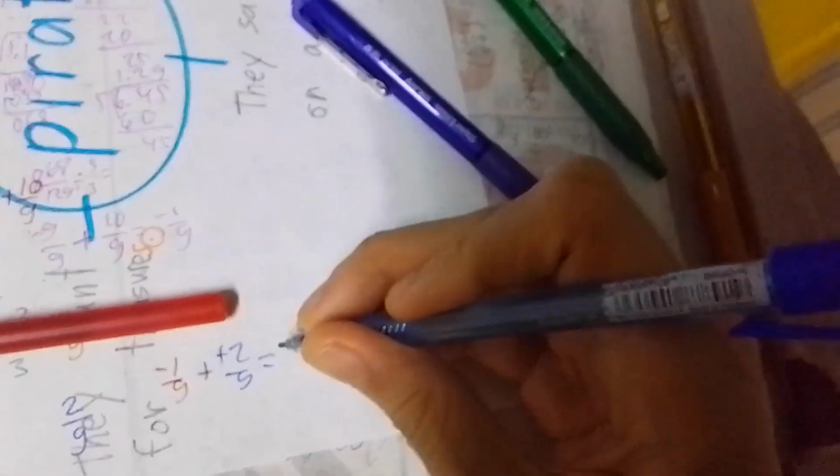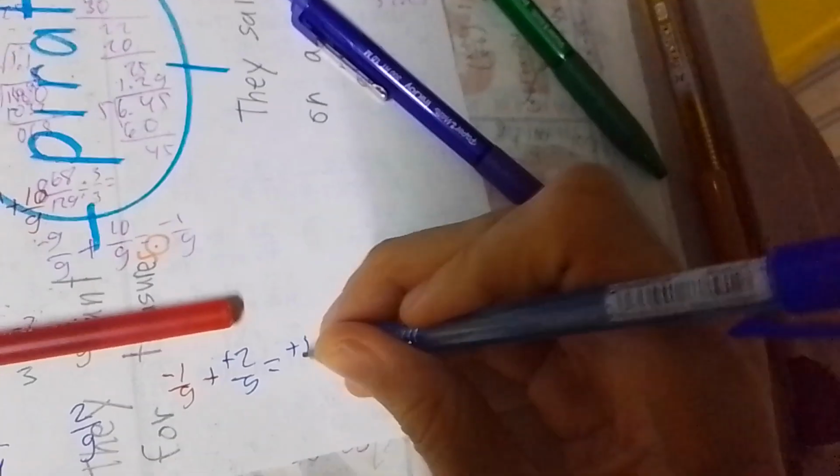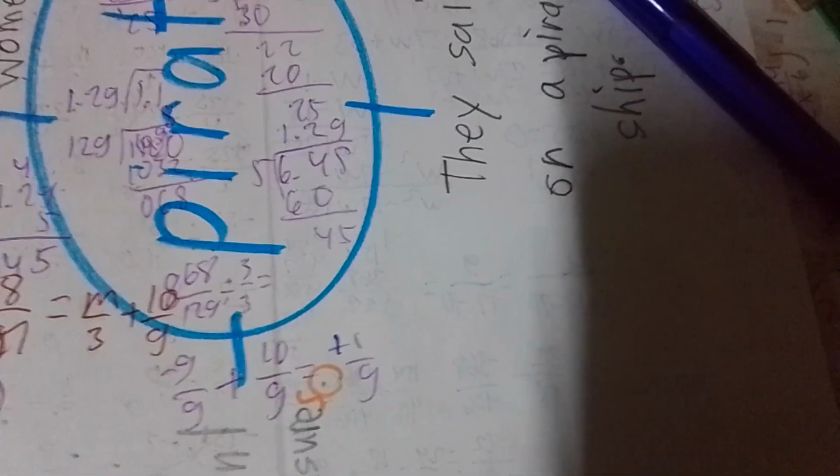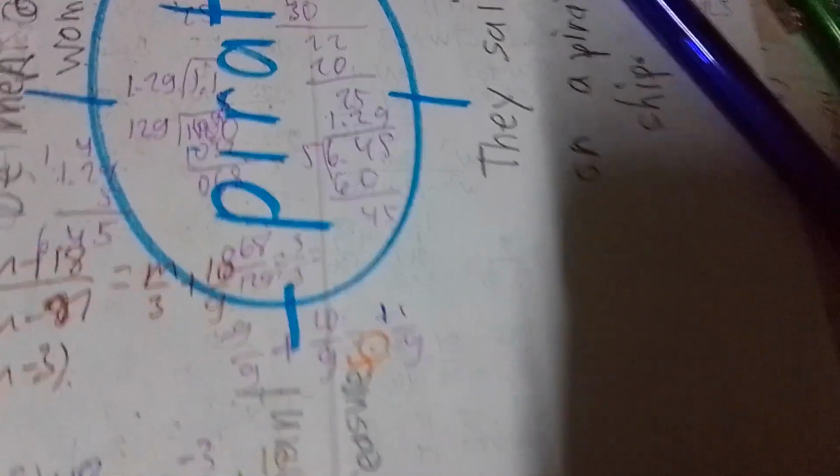We can just add this up and we're supposed to get positive 1 ninth. Teka. Ay, tama pala. Diba remember that's 1 ninth here on this side? Because negative 10 plus, sorry, manito ako. Pero buti nga I tried to check the other to see if it's correct. So, diba dapat we're supposed to get positive 1/9. So positive 1/9 here on this side because positive 10 minus 9 equals positive 1/9. So tama, they are even.